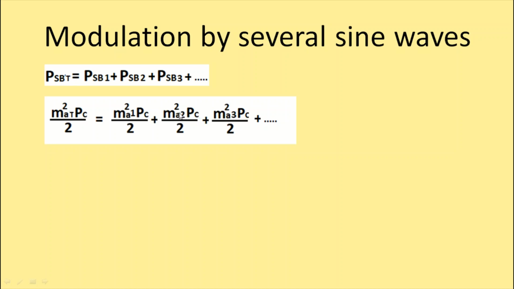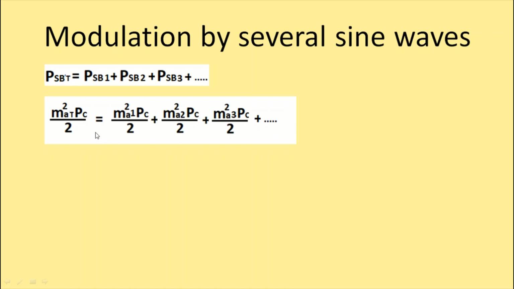Similarly, in this term, I have used MA2, indicating the modulation index for the second signal. And MA3 represents the modulation index value for the third message signal, so on and so forth.